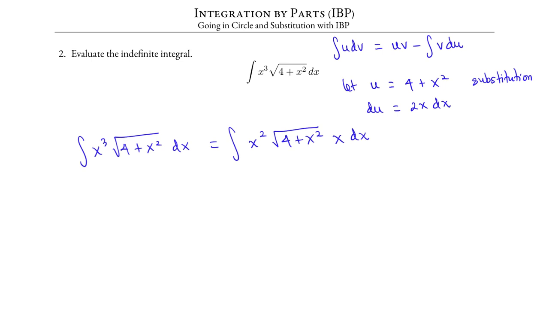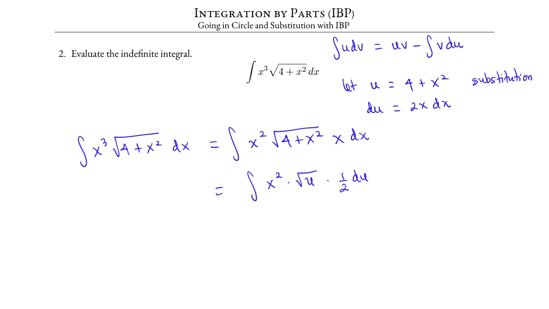Again, we save one copy of x because du is 2x dx. We end up with the integral of x squared times the square root of u times 1/2 du, because x dx is 1/2 du.